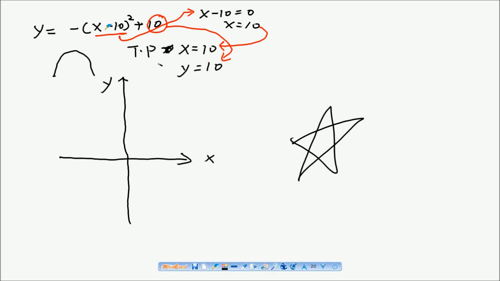It would look like, with x and y, the turning point is (10, 10) here. So it goes something like this.